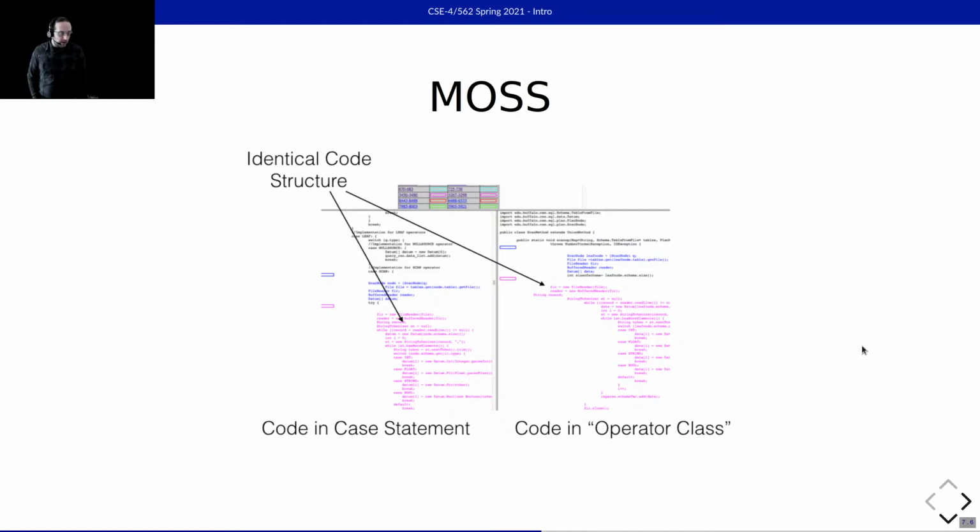Now, MOSS is never definitive. We never look at it and see, oh, you've exceeded this threshold, and all of a sudden you're guilty or not guilty. But I do use it, and it helps me keep track of which submissions I need to take a closer look at.